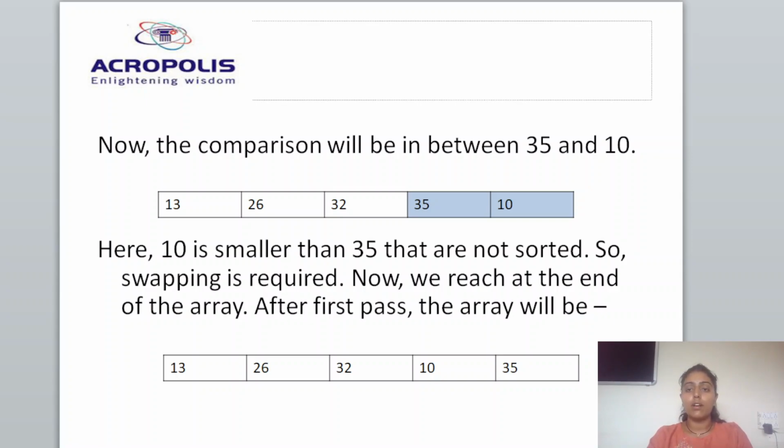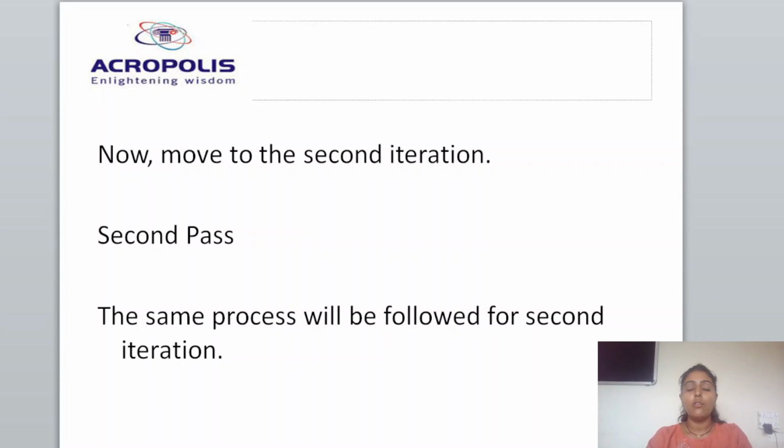Placing these two numbers in different places is called swapping. Now we reach the end of the array. All elements of the array are visited in the first pass, and the array will look like 13, 26, 32, 10 and 35. Now move to the second iteration.